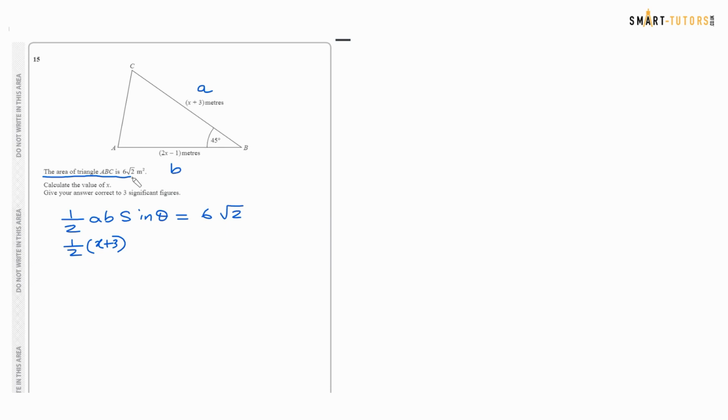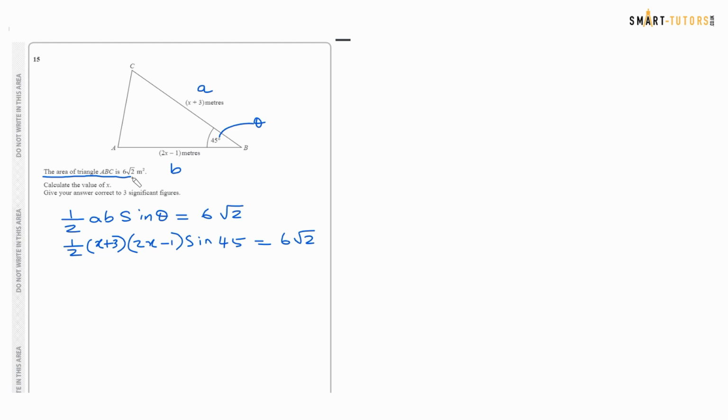So if you imagine this is the a and this is the b and that is the theta, and b is 2x minus 1 and sine 45 equals 6 root 2. So if you do your normal algebra to solve this quadratic equation, you will end up with x answers. So two possible x answers will come. Out of these two, you need to find out the suitable one.